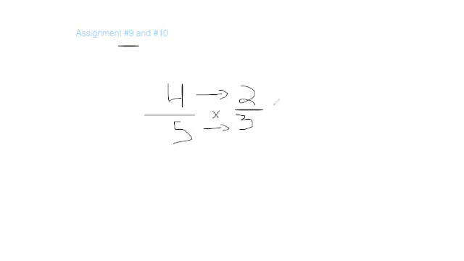So 4 times 2, which is 8, over 5 times 3, which is 15. And that's it. That's your answer. So super easy. All you're really doing is multiplying simple numbers. So that's the answer for number 1.